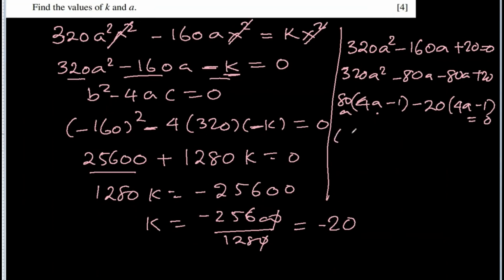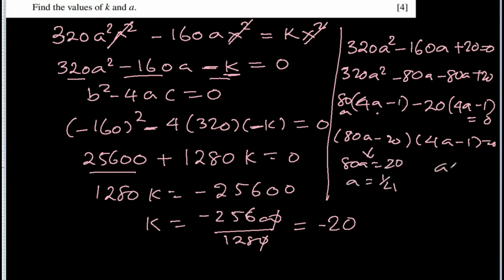So we get 80a minus 20, 4a minus 1 equal to 0. This will be 80a equal to 20, a equal to 1 over 4. And this also gives us a equal to 1 over 4. Obviously, we have to get the same answer. So the final answer is k is minus 20, a is 1 over 4.